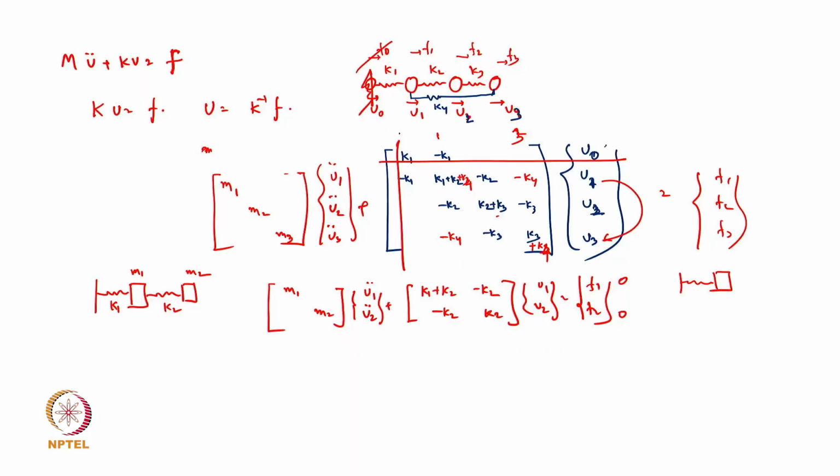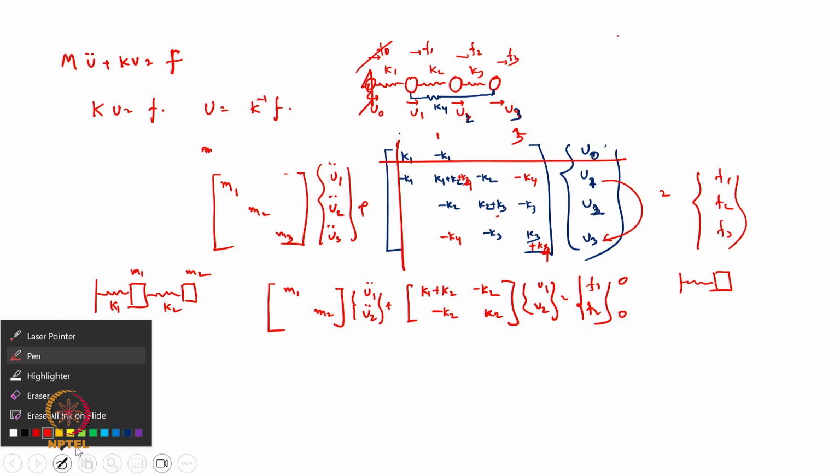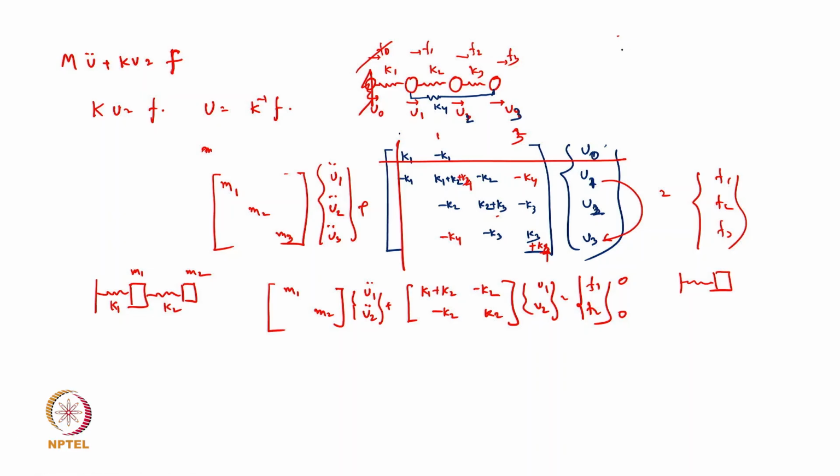Okay. So now, in the last case, how did we solve it? The first portion is giving something equal to 0. That is the characteristic thing we try to make. Recalling again, we had m u double dot plus k u equal to 0, and our target is to calculate the natural frequency.